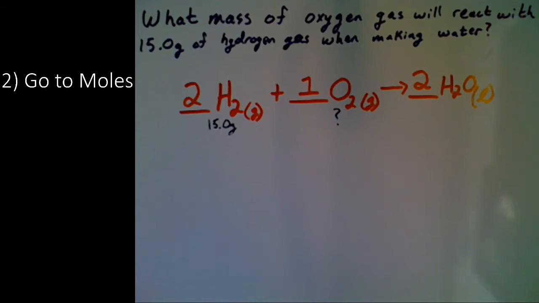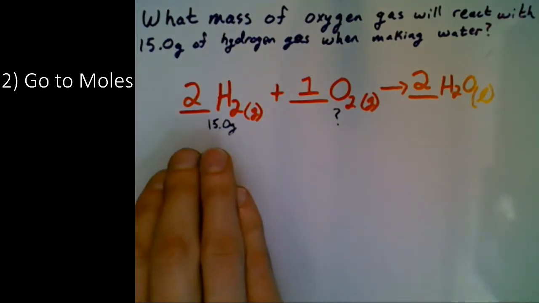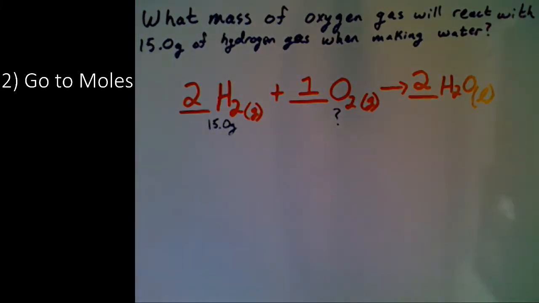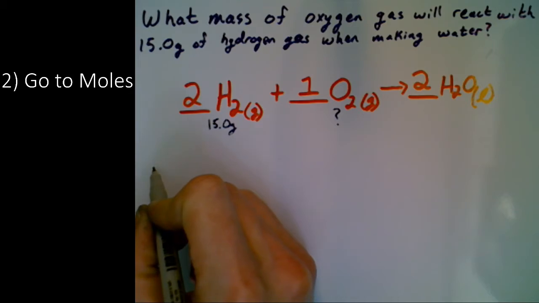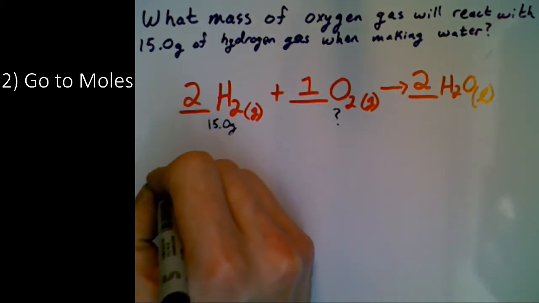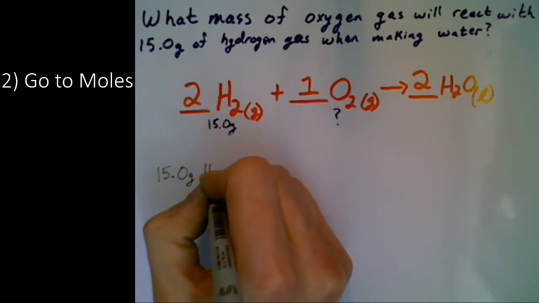Go to moles. What that means is find the information you were given at the start and change that information into moles. So what I need to do is take the number that I know, 15.0 grams of H2.